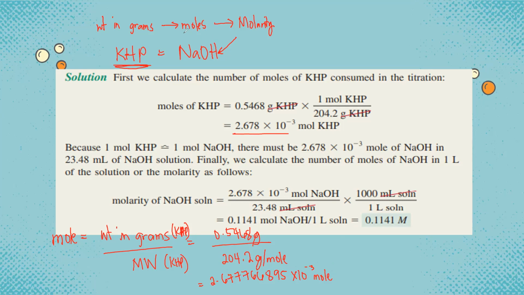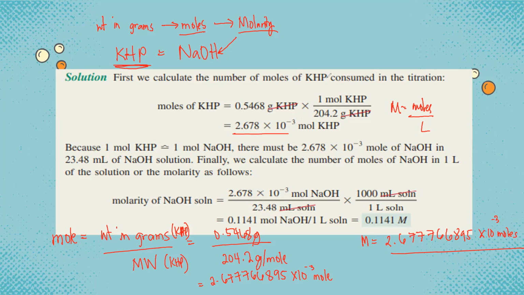Now, if we have computed for the moles, then we can proceed with the molarity. So, molarity again is equal to moles per liter. So, yung moles na hanap na natin, 2.677766895 times 10 raised to the power of negative 3 moles divided by the liter of solution. And for titration, the liter of solution is the amount of sodium hydroxide that was used.